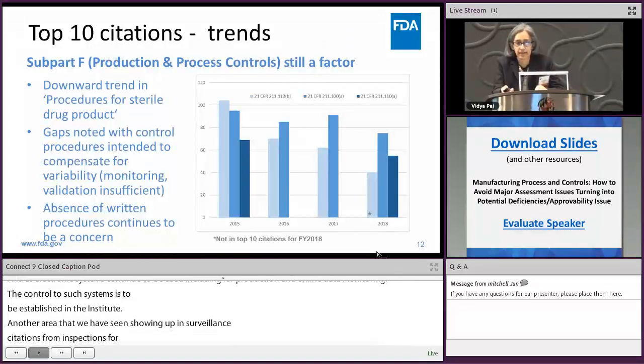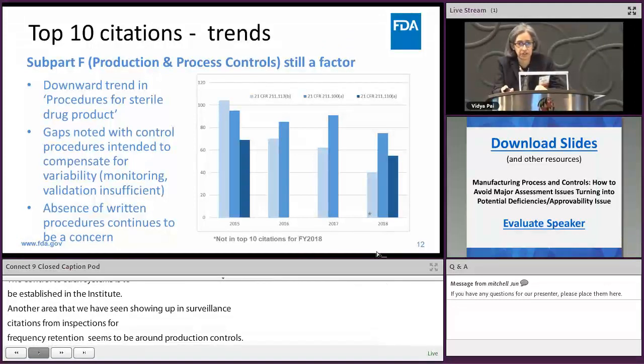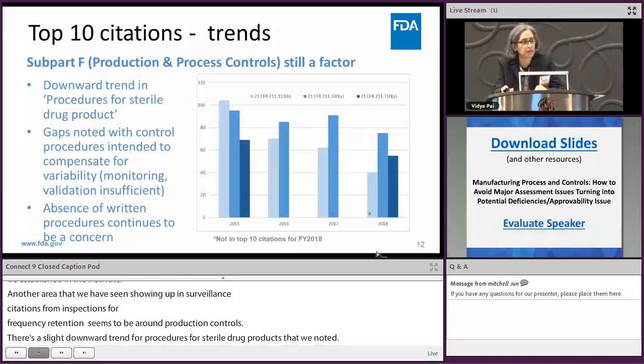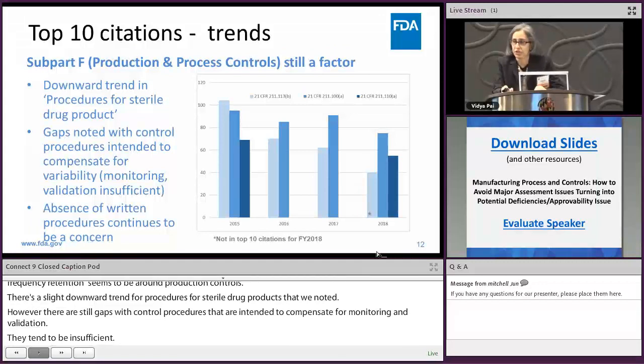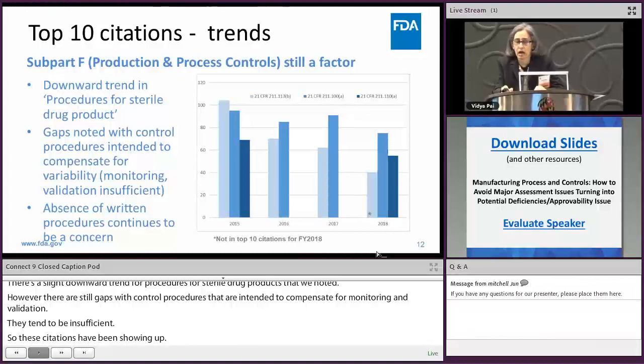However, there are still gaps with regards to control procedures that are intended to compensate for variability. Monitoring and validation tend to be insufficient. So these citations have been showing up. And lastly, as I mentioned earlier, the absence of written procedures to support manufacturing operations and process controls are still noted to be a gap.